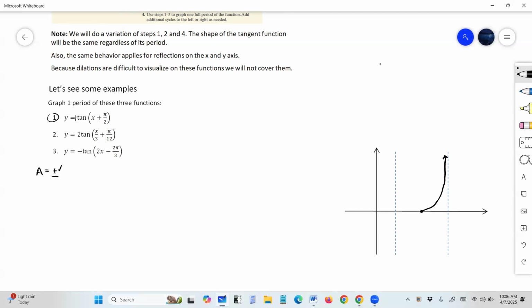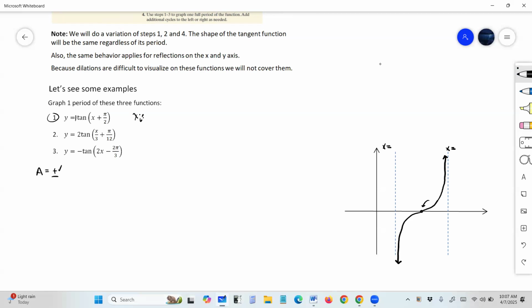So on the right side, it will look like this, and on the left side, it would look like this. All that we need now is the equation of the asymptote to the left, the asymptote to the right, and the x-intercept right here. So now let's do the x-intercept first.